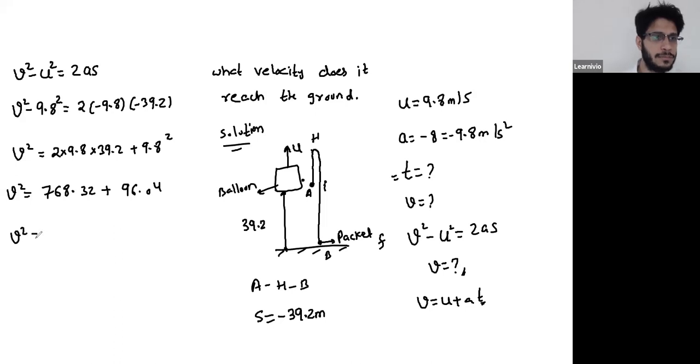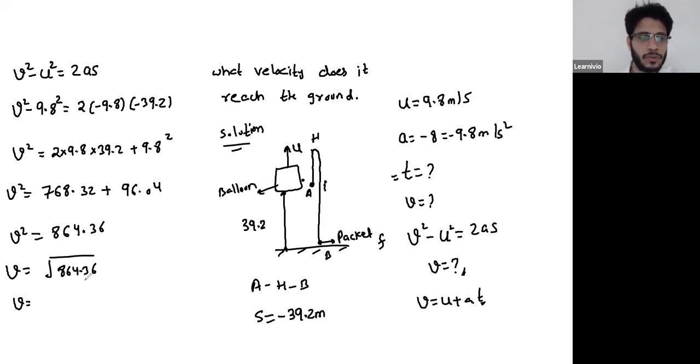If I add them, it comes out to be 864.36. And your V is root over 864.36. So this is the velocity.